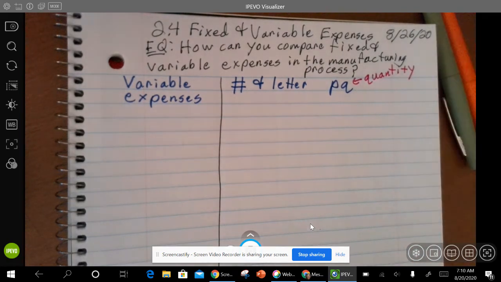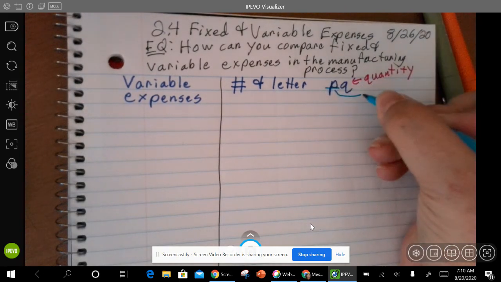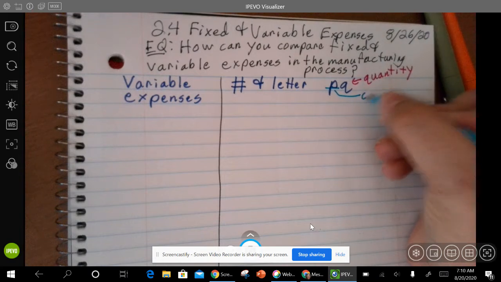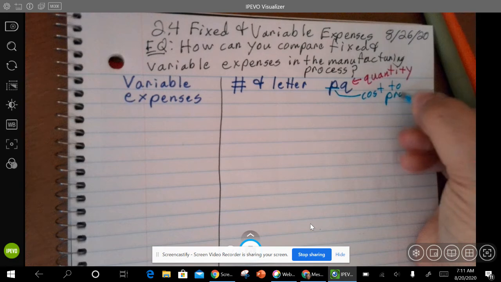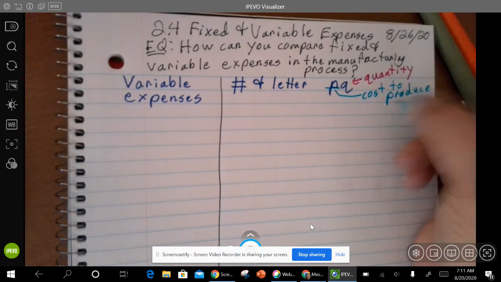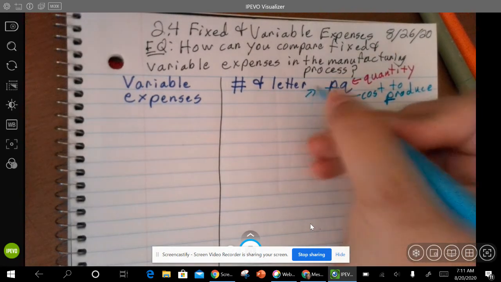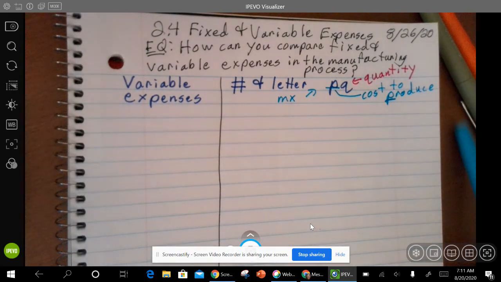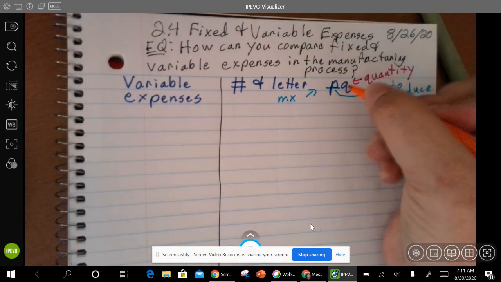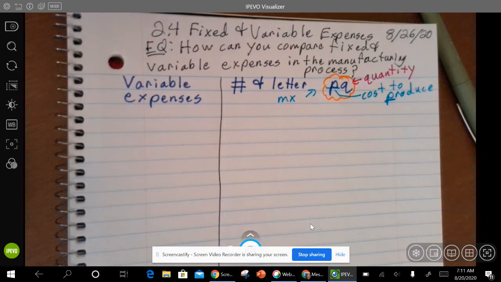And the P, in this case, is the cost to produce. So P for produce, just like mx, like our slope and our x variable. So we use cost to produce times the quantity.